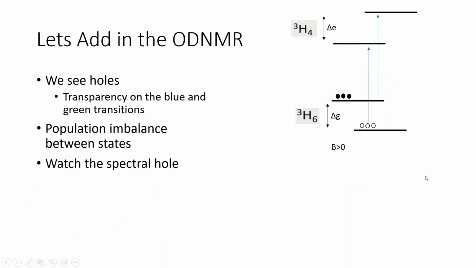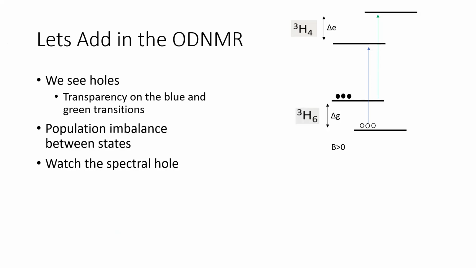Okay, so adding ODNMR. Actually, that was a perfect time for the question because it made me really walk through where my atomic population is during this process. Now, like I say, the transparency indicates an imbalance of population between the two ground state spin levels, just like the anti-hole does. And that imbalance is something we watch by keeping an eye on a spectral hole.